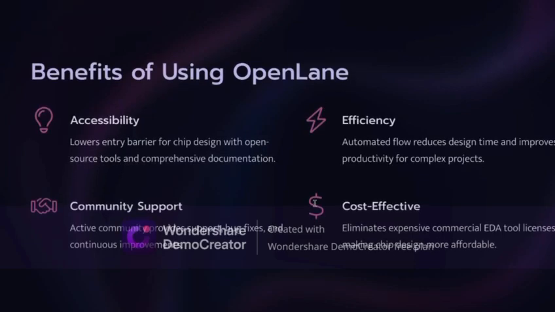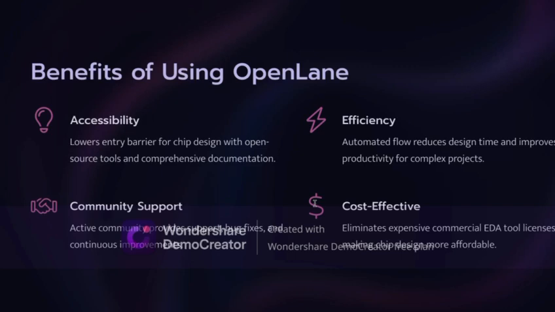Now, the main important point, what is the benefit of using OpenLane? What's the point of using OpenLane? The first is accessibility. It lowers the entry barrier for chip design with open source tools and comprehensive documents. Then efficiency: automation reduces design time and improves productivity for complex projects.